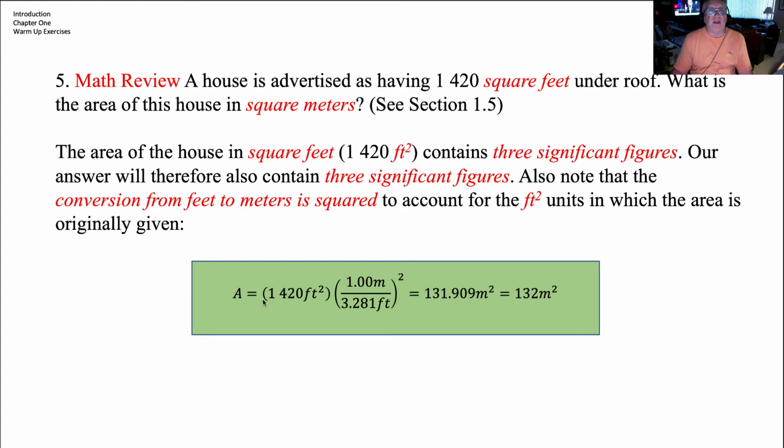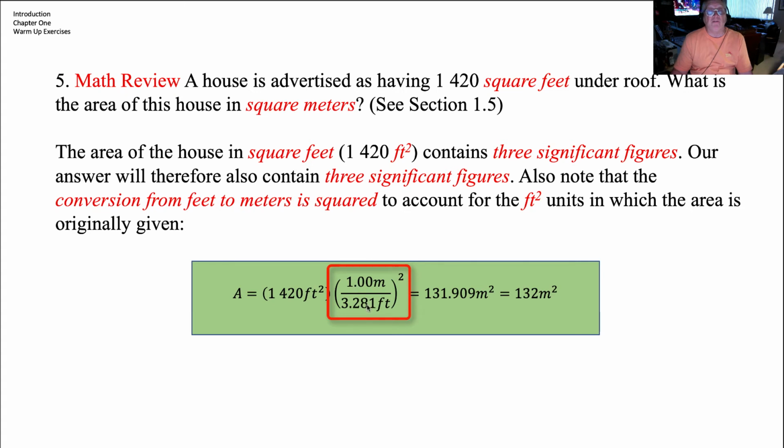So in this case, 1,420 square feet times the conversion, 1 meter is equal to 3.281 feet, in this case squared. So we keep our squared value.